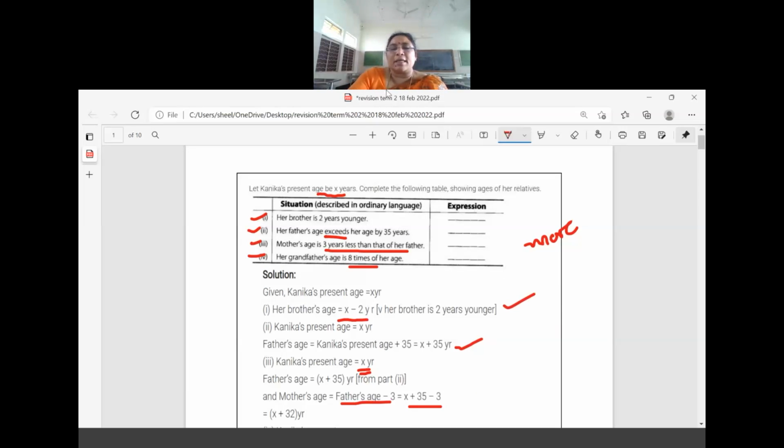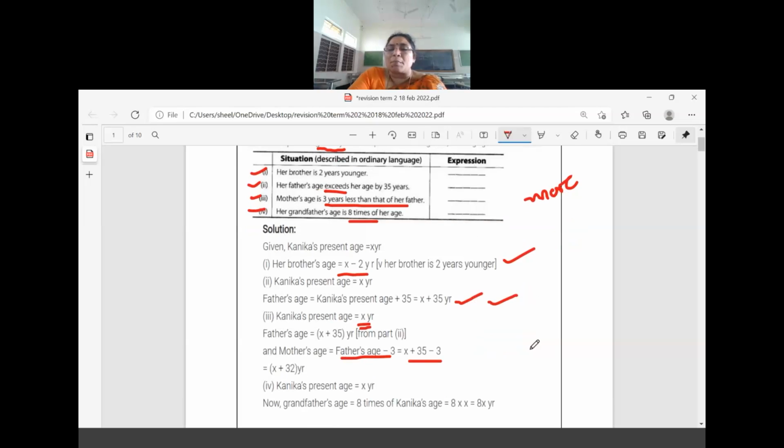Kanika's present age is x years. The father is 35 years more, so x plus 35. For the mother, from the father's age you reduce 3: x plus 35 minus 3 equals x plus 32.